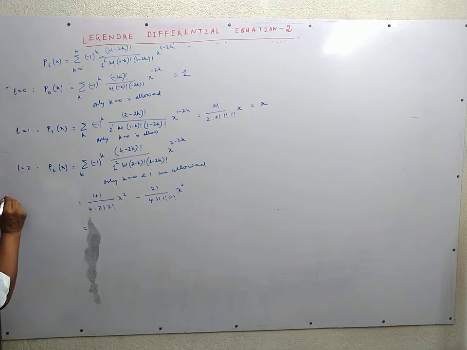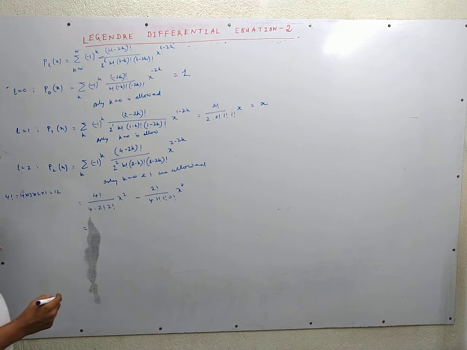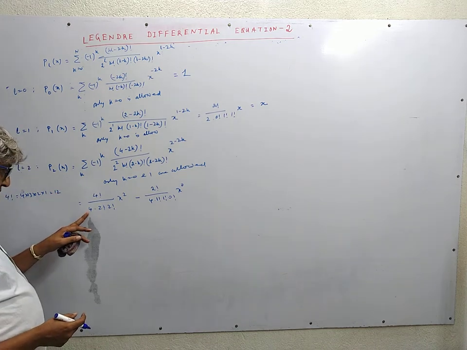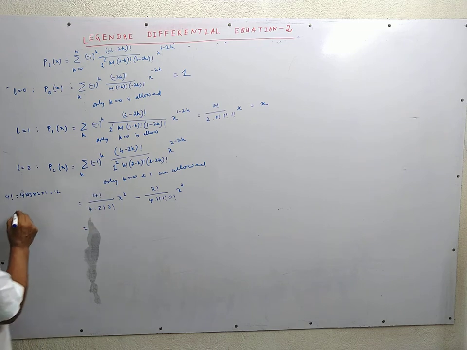Factorial 4 is 4, 3, 2, 1, which is 12. So when this is in the numerator, we have 12, then 4 into 4, so 16. So this is 3 by 4. Definitely missed some factor.